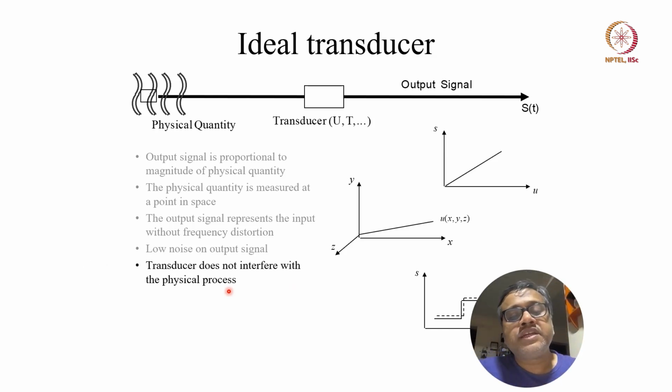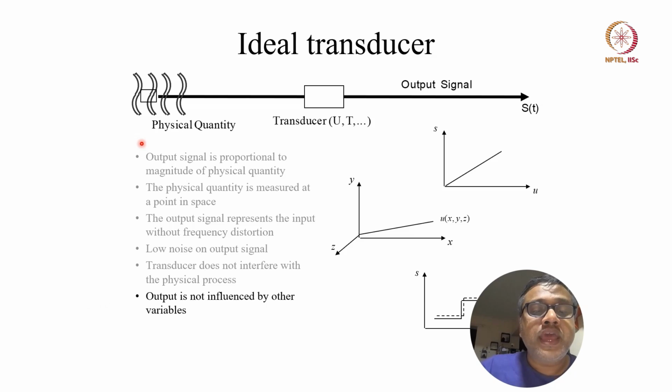And the transducer should not interfere with the physical process. That means the act of measurement is not changing the physical quantity that you are trying to measure, and the output is not influenced by other variables apart from the physical quantity that you are trying to measure.